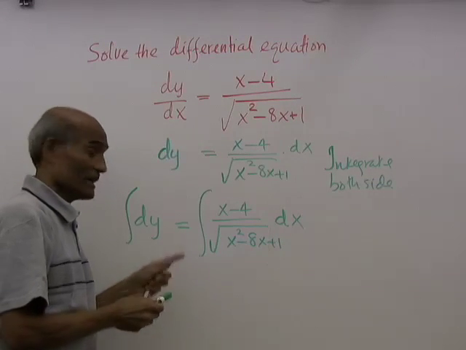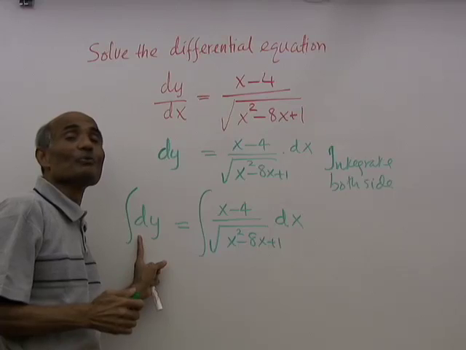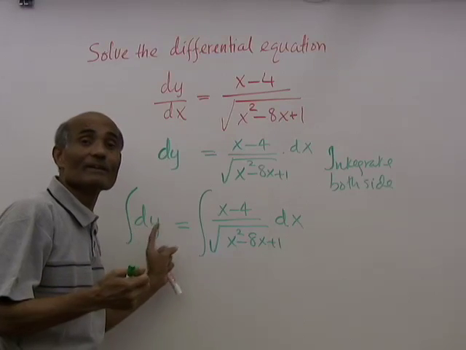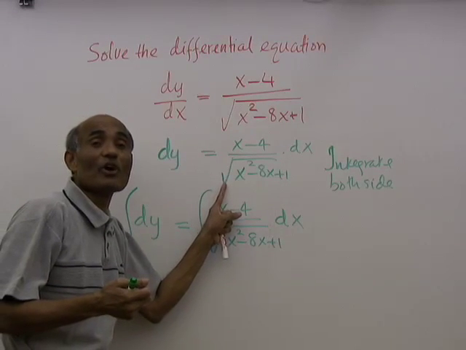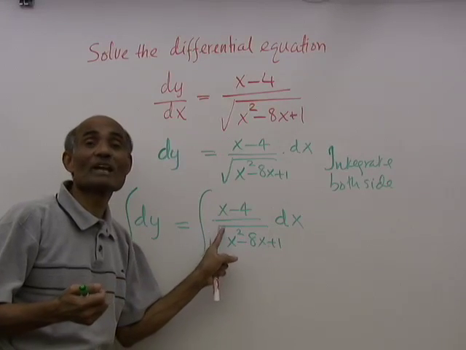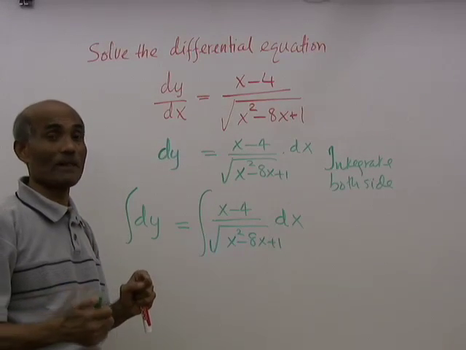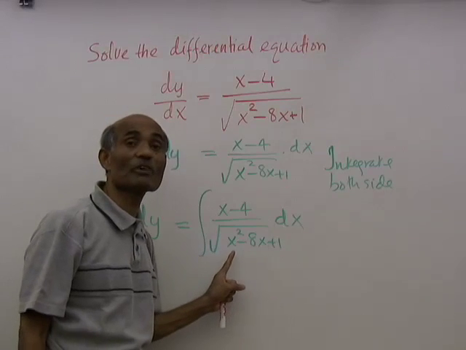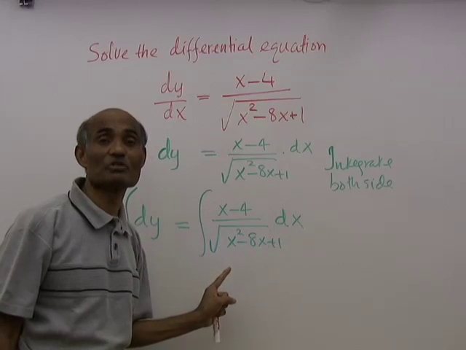Integrating dy will give you y, and that means in order to get the form of y, we must be able to integrate the right-hand side. And to integrate the right-hand side, you must make a substitution.